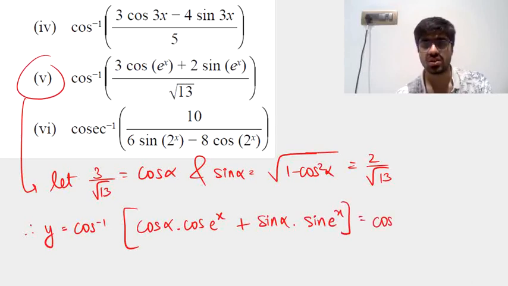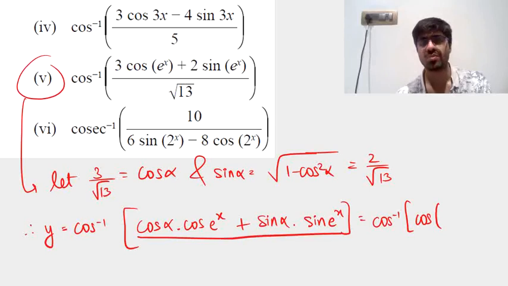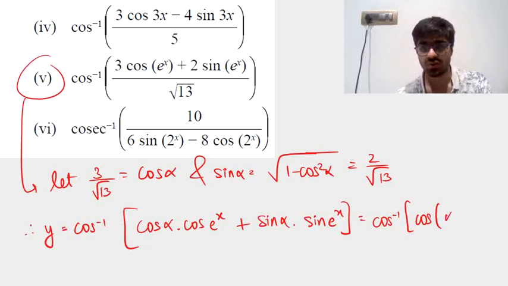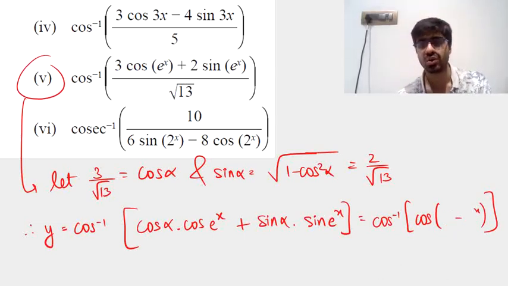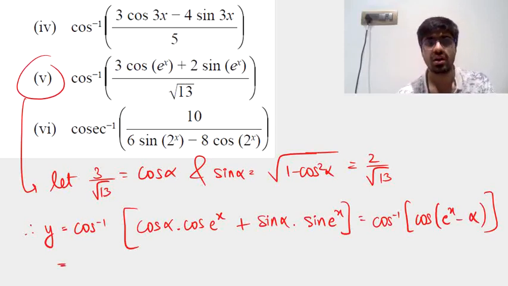So this will be cos inverse of cos A cos B plus sin A sin B, that is cos of A minus B. You can also write it as e power x minus alpha. It's entirely up to you, because cos of A minus B or cos of B minus A would mean one and the same thing. So I'll prefer to write that as e power x minus alpha, and therefore y will be equal to cos inverse of cos, so that makes it e power x minus alpha.